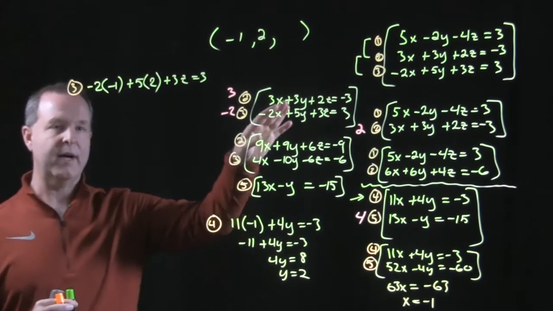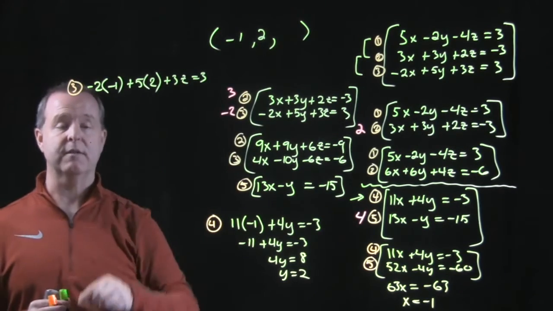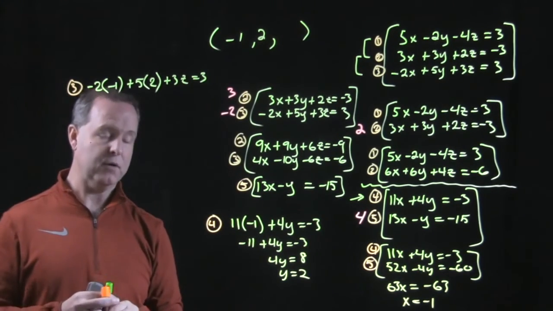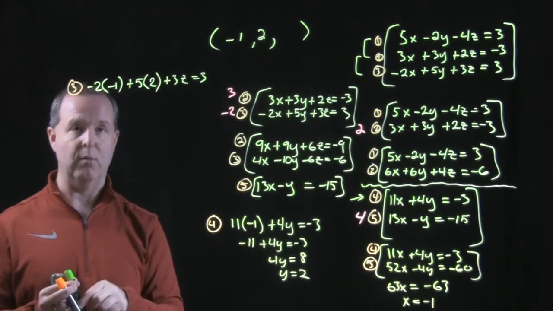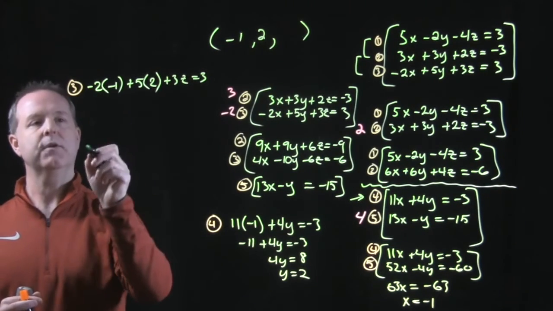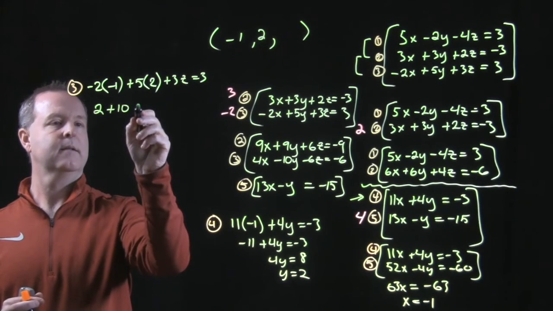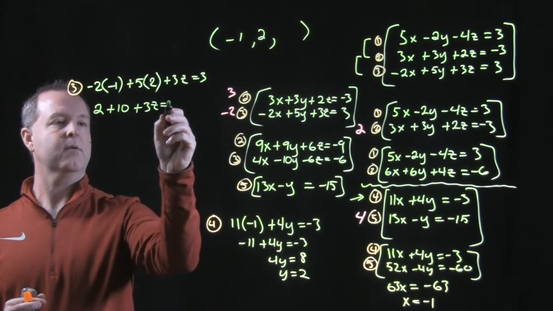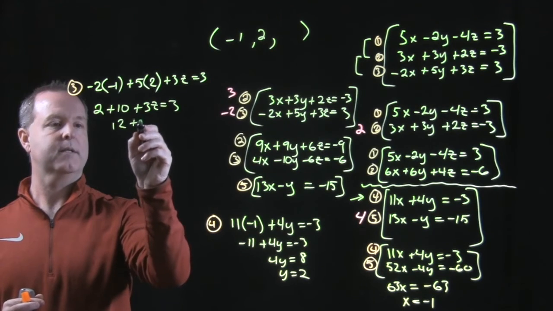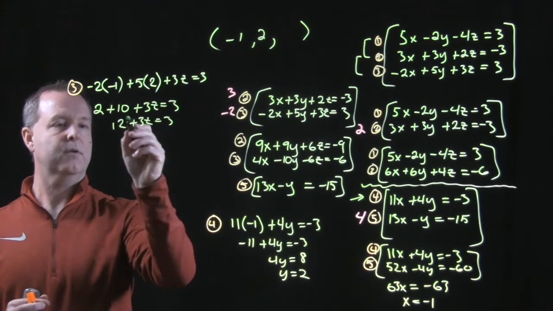So there's my third equation. I substituted my values of x and y in for those values of x and y with the goal to find out what my value of z is. Negative 2 times a negative 1 is a 2, plus 10 plus 3z equals a 3. 12 plus 3z equals 3.